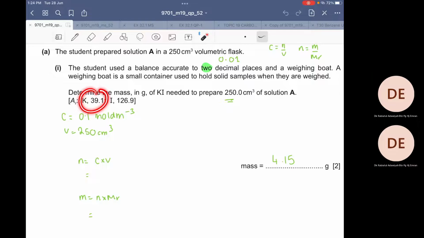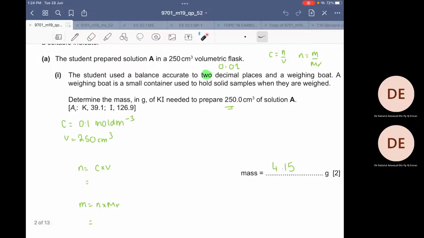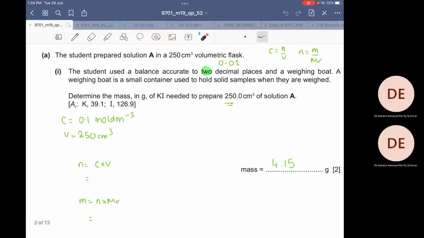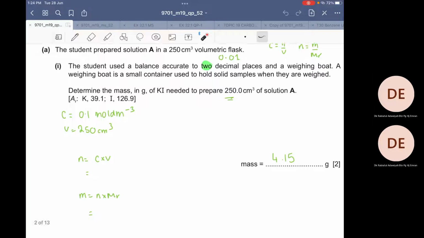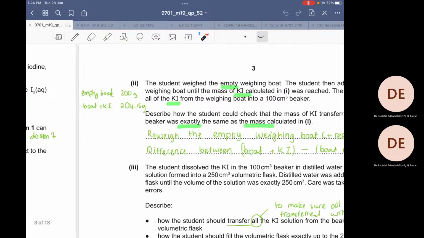The Mr of potassium iodide is 39.1 plus 126.9, okay? So after working this out, you should be able to get the mass required to make that potassium iodide concentration is 4.15 grams. Did you manage to get that answer? If you didn't, perhaps you want to copy down my working, but this is basic mole calculation.